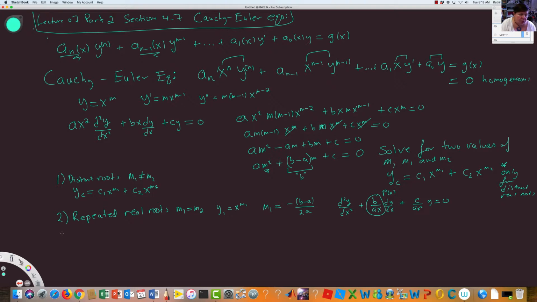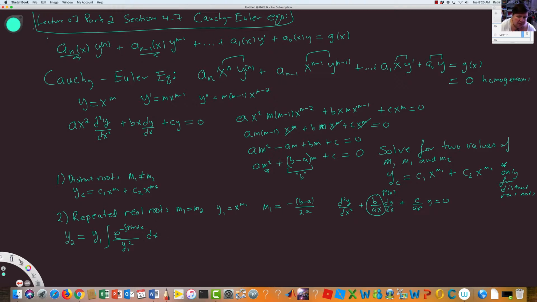And just to remind you, go back in your notes or your book: y2, the second solution we're looking for, is y1 times the integral of e to the minus integral p of x dx over y1 squared dx. Remember that?